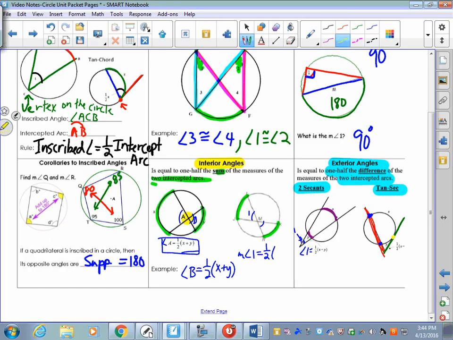The arcs we're going to use have to be between our two segments, the secant and the tangent. So the major arc here is x, and we're going to subtract the minor arc there, which is y. The exterior angle is going to equal half the difference: half of the measure of arc x, the biggest arc, minus arc y.